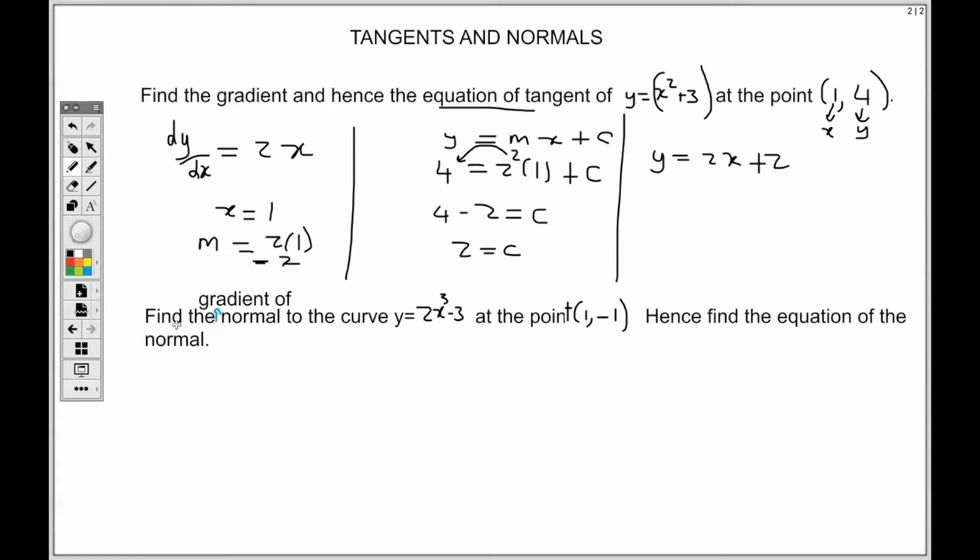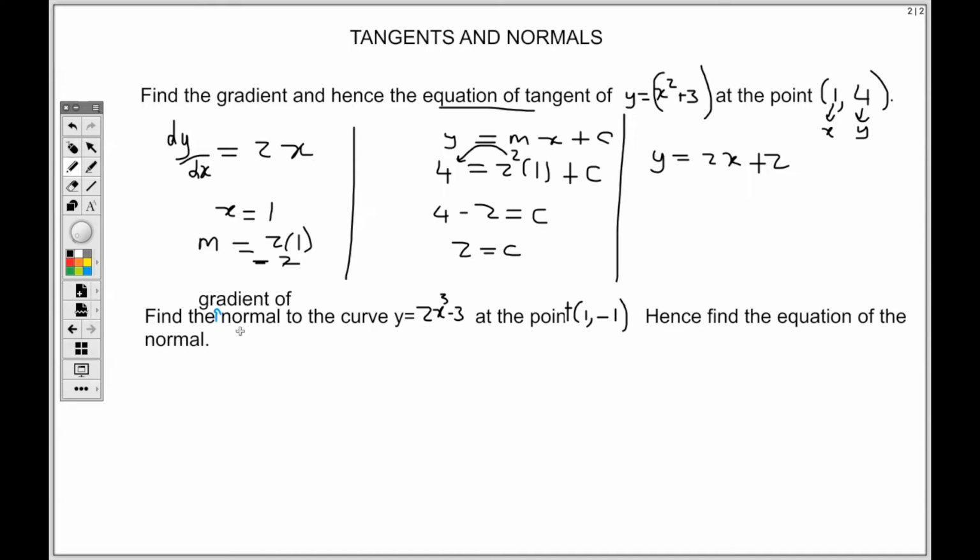Now the next question says find the gradient of the normal to the curve y equals x cubed minus 3 at the point 1 and negative 1. And hence we have to find the equation of the normal. The equation of the normal will be found after we find the gradient of the normal.